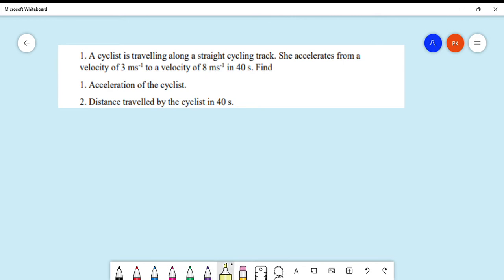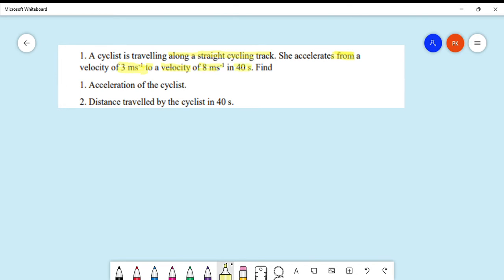Yes, so a cyclist is traveling along a straight cycling track. She accelerates from a velocity of 3 meters per second. Now keep it in mind that here the word from is very important, to a velocity of 8 meters per second in 40 seconds.